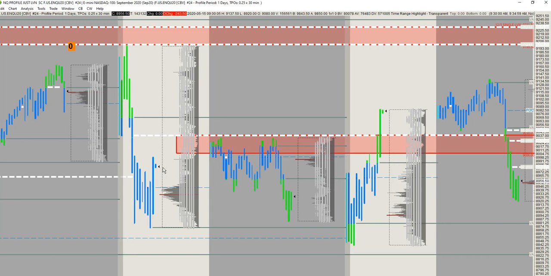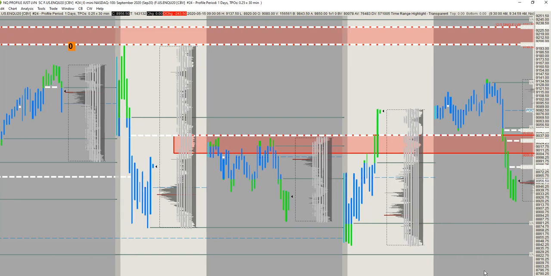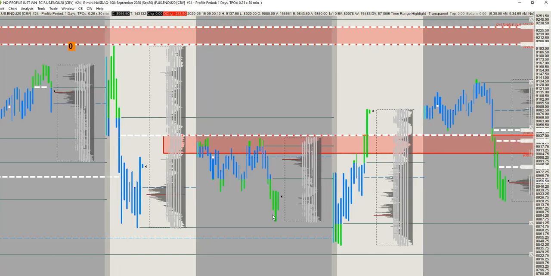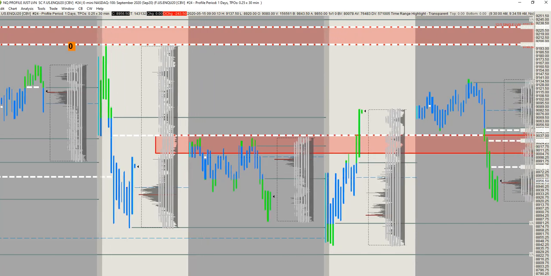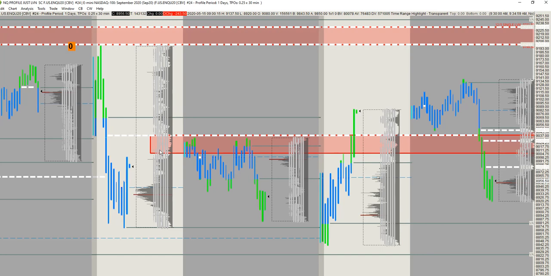We closed here below that zone, and overnight we traded much below that zone very clearly. Then we have value here, not a huge change, still overlapping to lower, but we closed above that zone from the previous day.